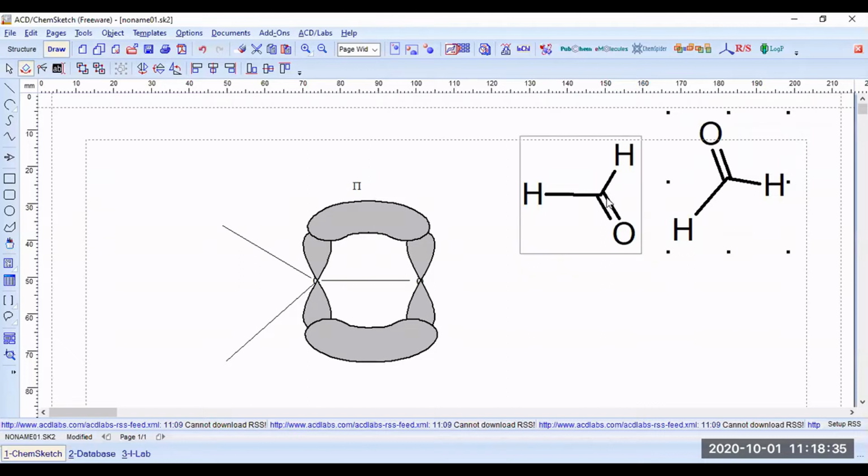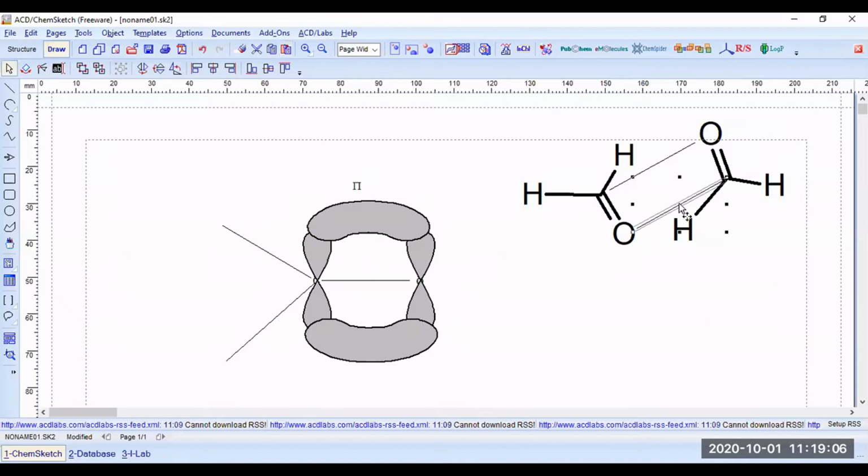This carbon will have a positive charge and oxygen will have a negative charge. This carbon will have affinity towards this oxygen. The reason is this is electrophilic in nature and that is nucleophilic in nature. There is a chance for attraction between these two, and there is a chance for attraction between these two.